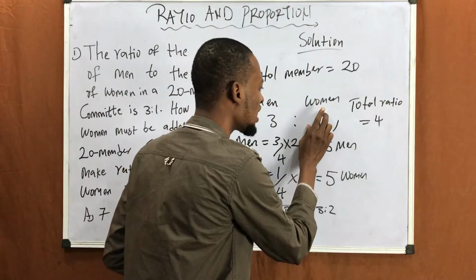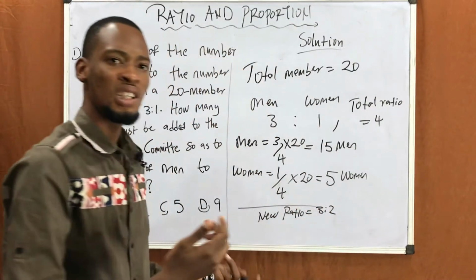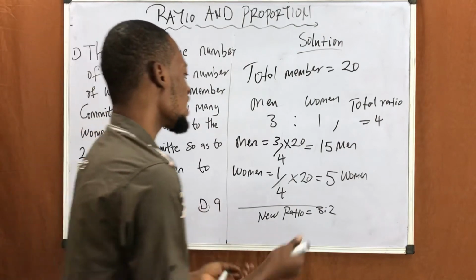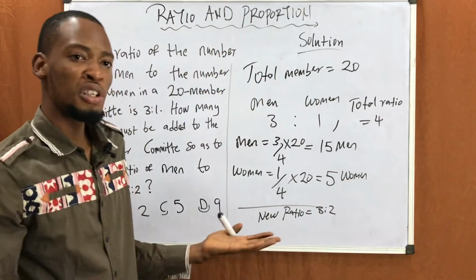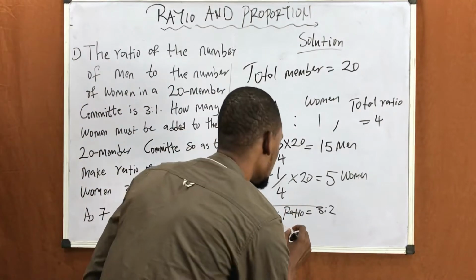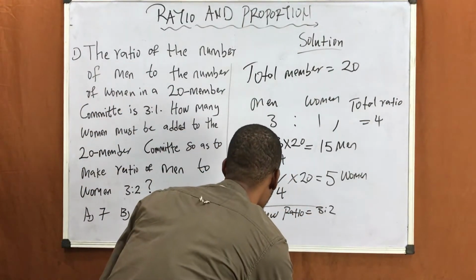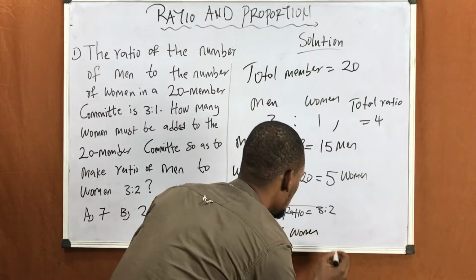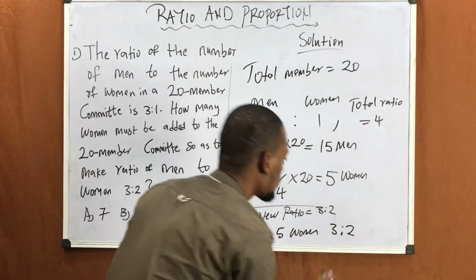Because the number of women is 1 here, we want to make it 2. That means we are doubling the number of women. So we already have 5 women. Once you double the number of women, you have 10. So that means we need to add 5 women to make it 3:2.